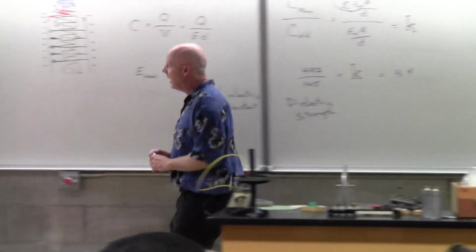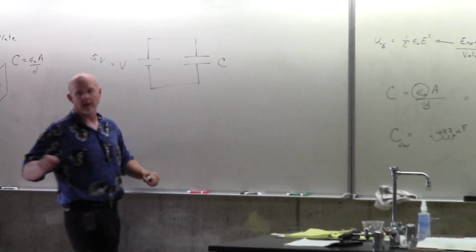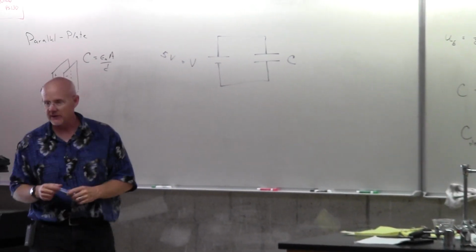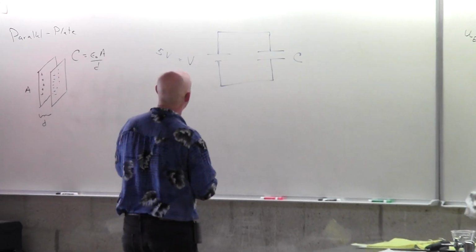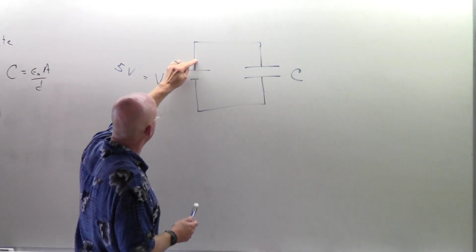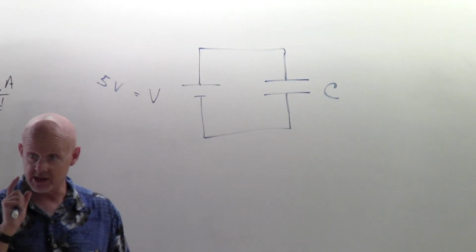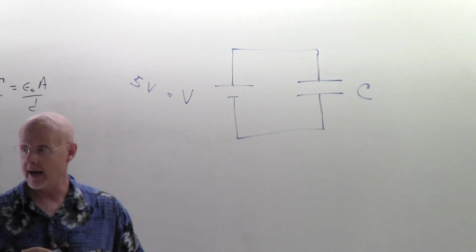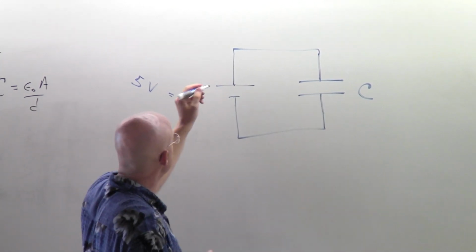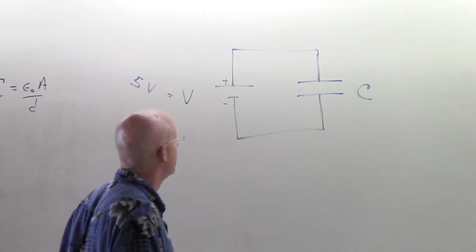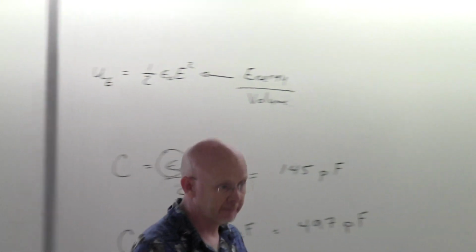As soon as I hook it up, and let me pause, I put 5 volts, but I put a new symbol on the board, at least one we haven't used yet in this class. And so the symbol for a battery, a symbol for our power supply, we're going to use this. It kind of looks like the capacitor, but what's different about it? Yeah, one side's bigger than the other. And the bigger side is representing which one has a higher voltage.